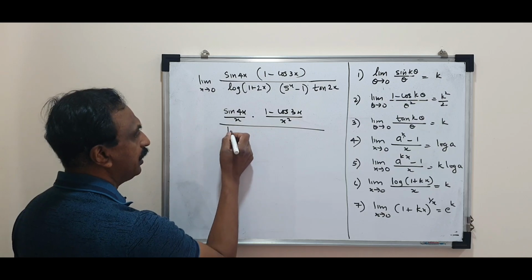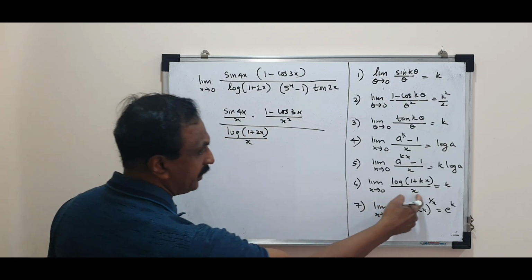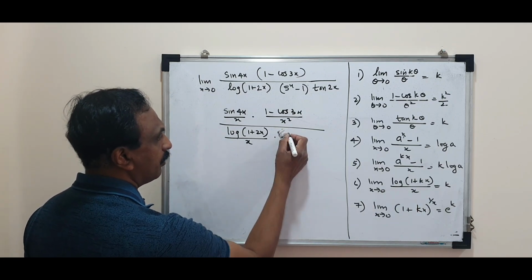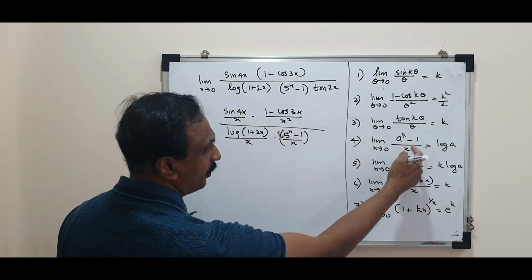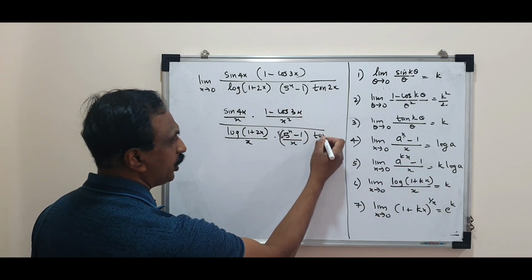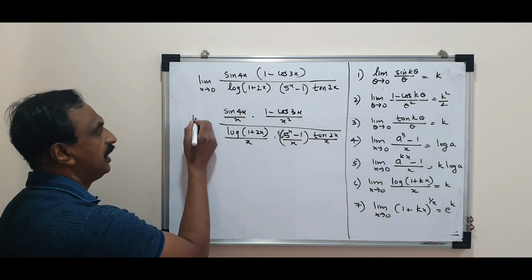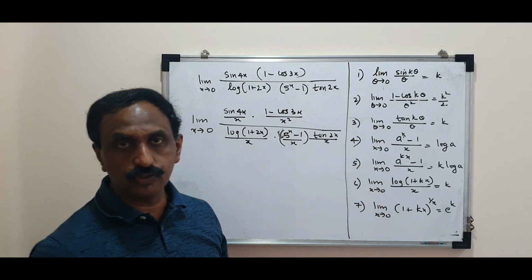And here log of 1 plus 2x upon x is required, log also requires x. 5 raised to x minus 1 upon x is required. To apply this formula, x is required. Tan 2x upon x is required to make it into this formula. And all of them should have limit x tending to 0. All of them have limit x tending to 0.